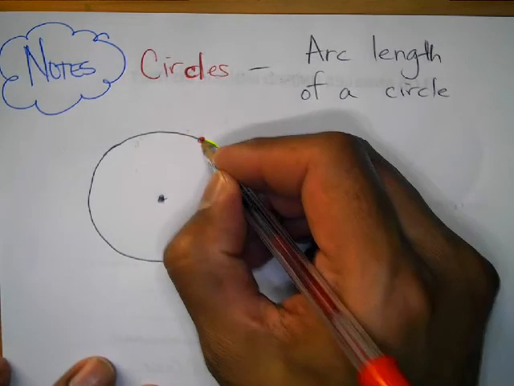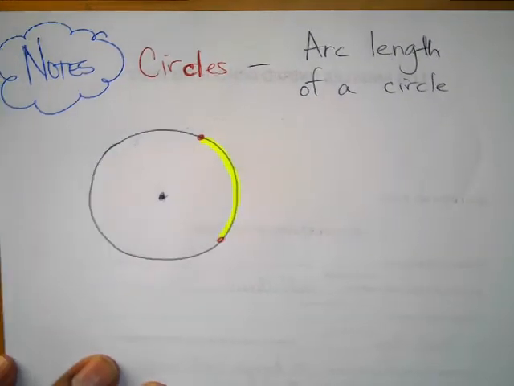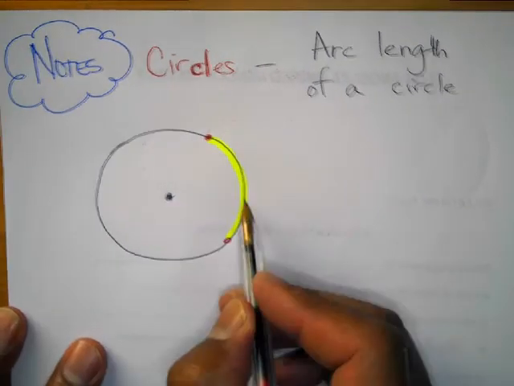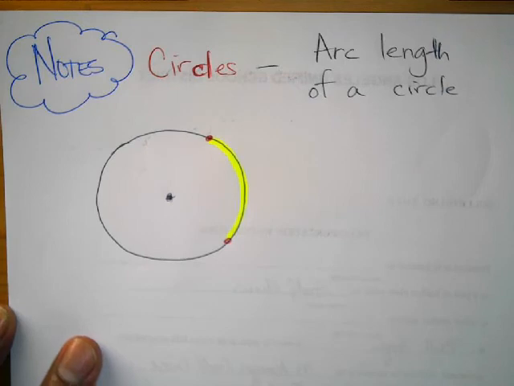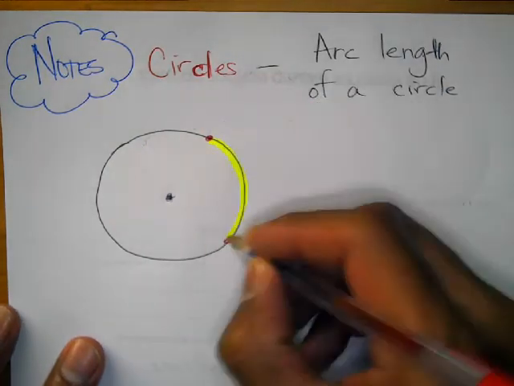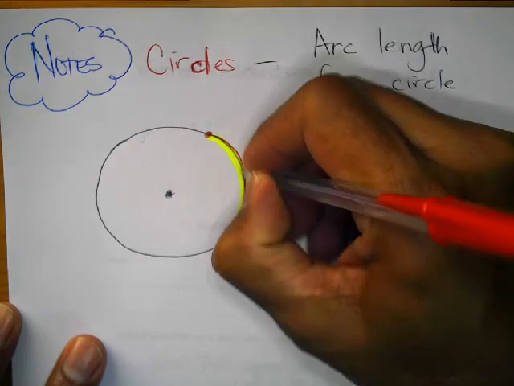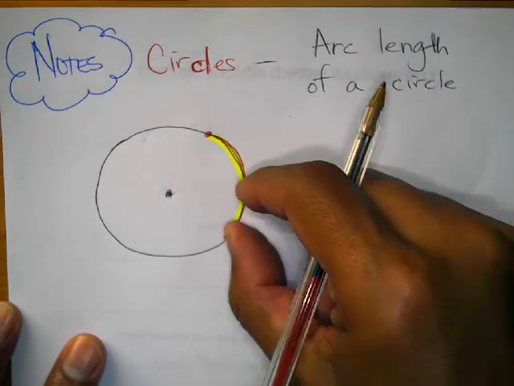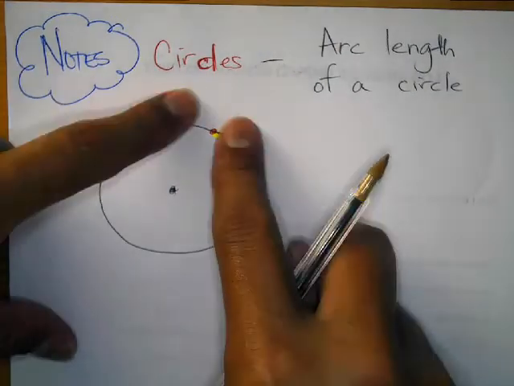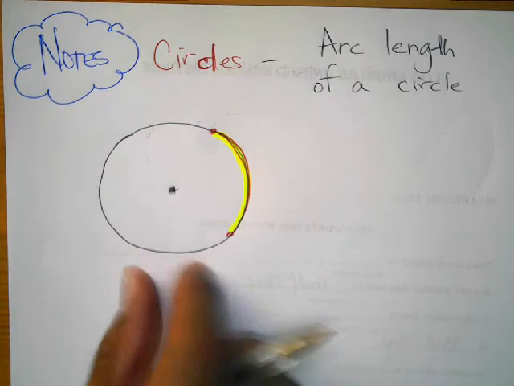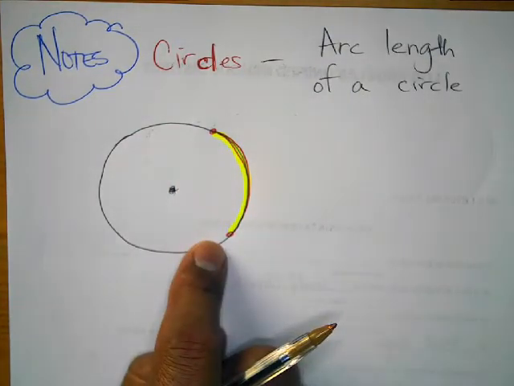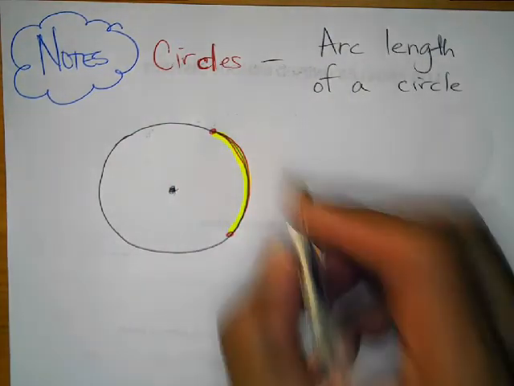But an arc is not the whole circumference. We did an assignment where you found the whole measure of the whole circumference of a circle. Here you're just going to find a section of it, or an arc. Okay, so an arc is just, you know, it can be a little piece or it can be almost the whole thing around, but there's obviously a portion, not the whole circle, just a portion of it.